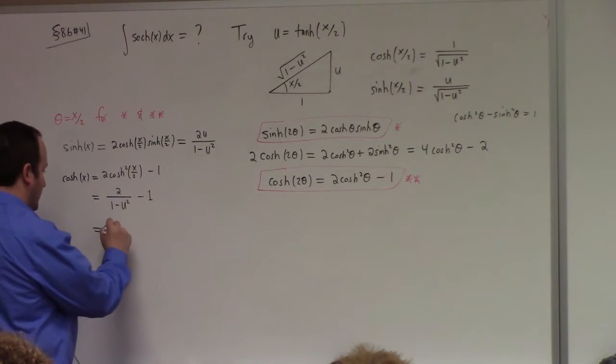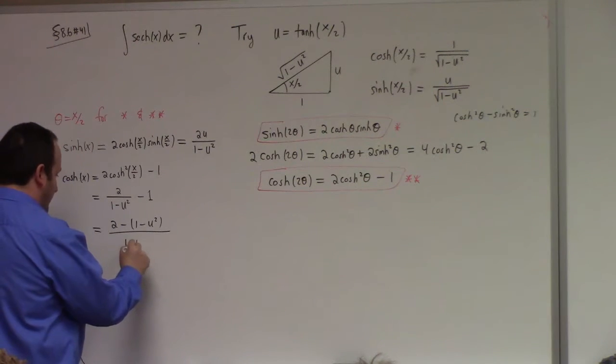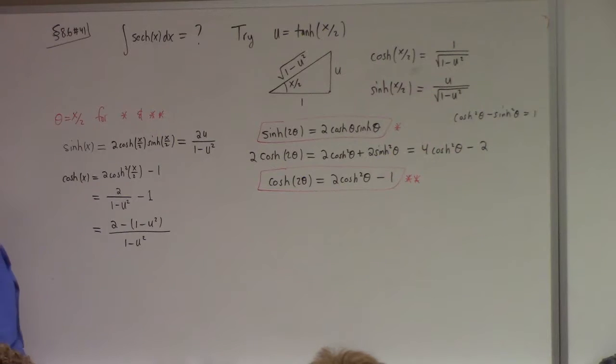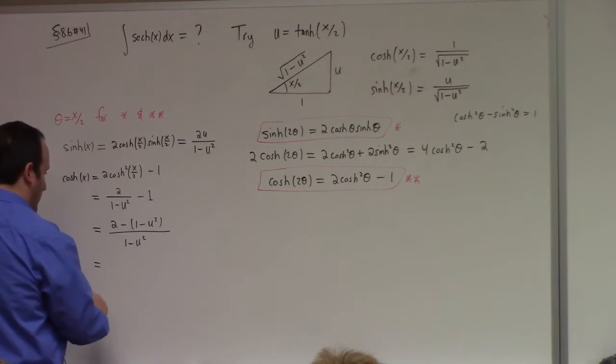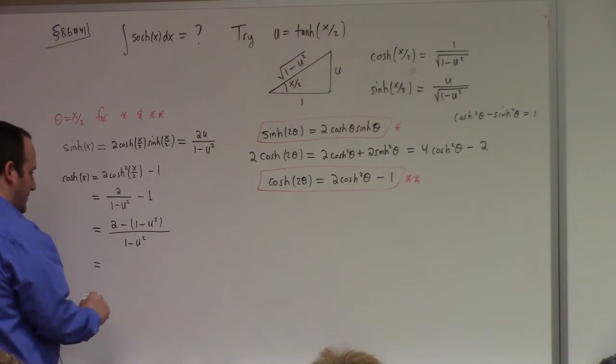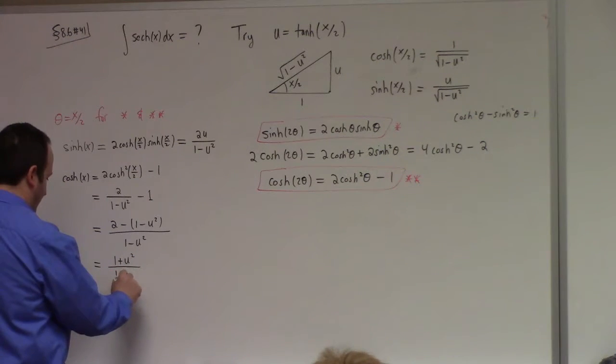So you got yourself 2 minus 1 minus u squared over 1 minus u squared, otherwise known as, weird. Oh, no, not too weird. 1 plus u squared, right, over 1 minus u squared. Is that right? All right.